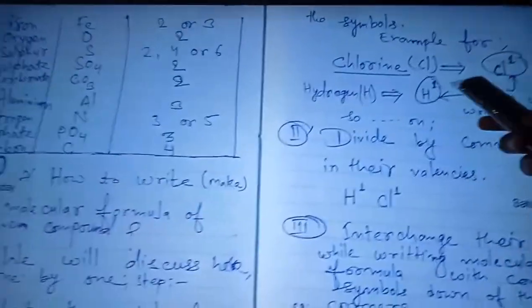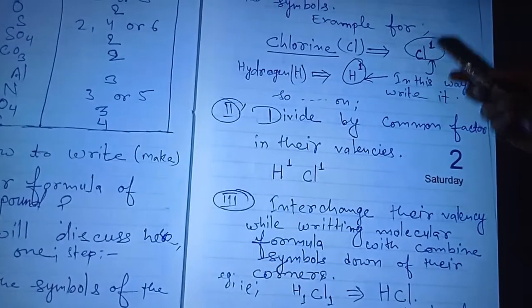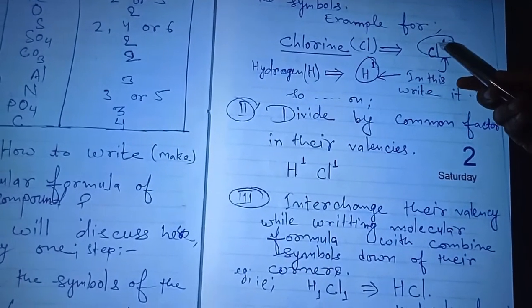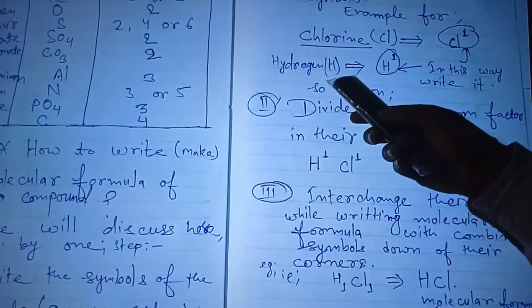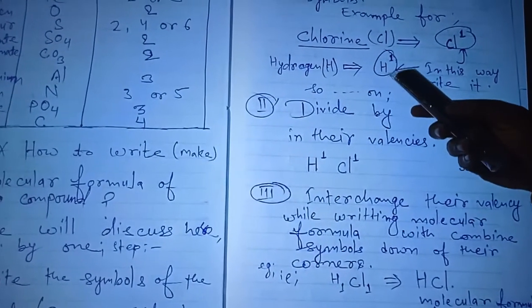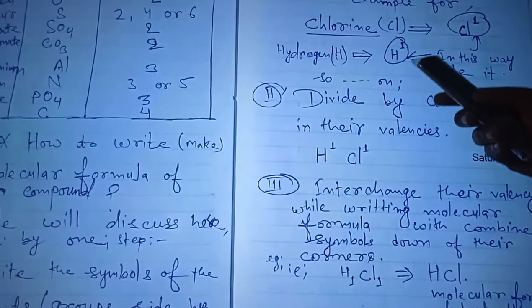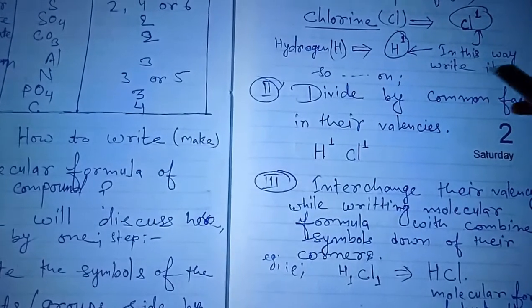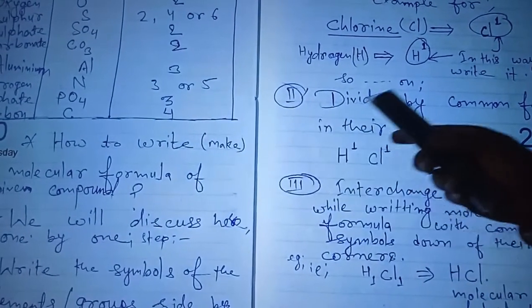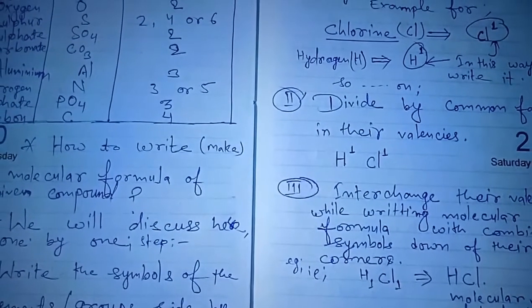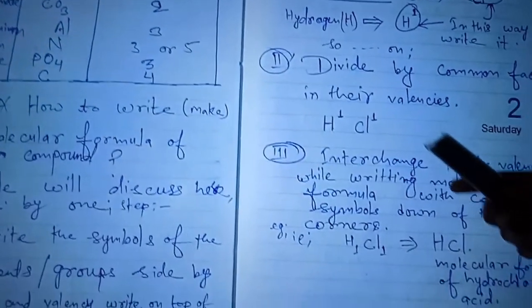For example, for chlorine, write Cl with 1 at the top corner as its valency. In this way, for hydrogen, write H with 1 at the top corner.